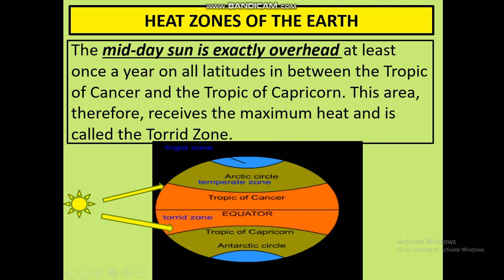So this area receives the maximum heat throughout the year and is known as the torrid zone. Torrid means very hot, and you know Africa is a continent which lies entirely in this zone. That's why Africa is a very hot continent. Temperature is very high in that continent.